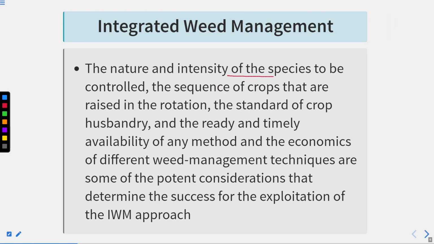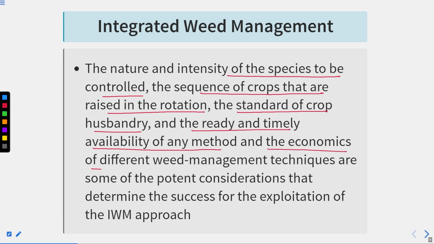The nature and intensity of the species to be controlled, the sequence of the crops raised in the rotation, the standard of crop husbandry, the ready and timely availability of any method, and the economics of the different weed management techniques are some of the potent considerations that determine the success of the IWM approach. The nature and intensity of the species depends upon what type of species is present as a weed, and that we have to control.